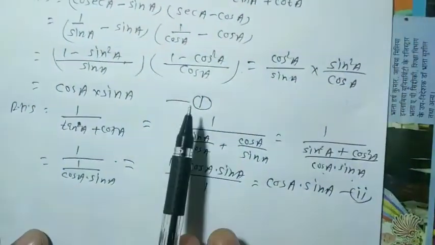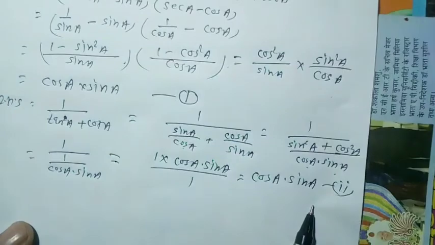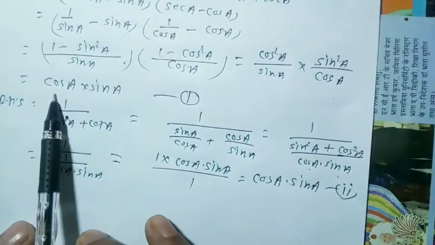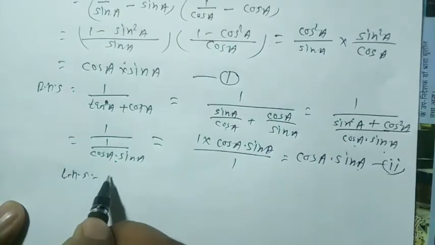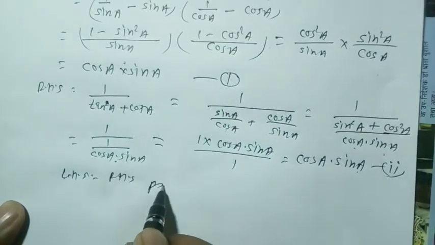According to equation 1 and equation 2, both are equal, so LHS = RHS proved.